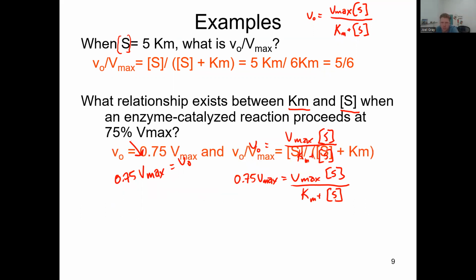What we can do right off the bat is remove our Vmax component. And so then we end up with, let me erase this.